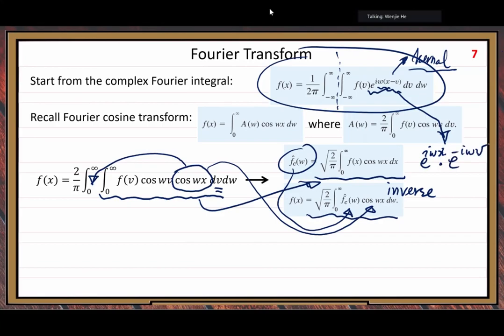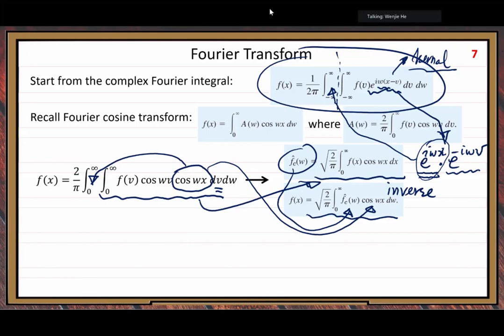After the split, this e to the iwx part has nothing to do with v. Can we move it out of the inner integral? Yes. The second part of the e function, e to the negative iwv, contains the v variable, so it remains in the inner integral.